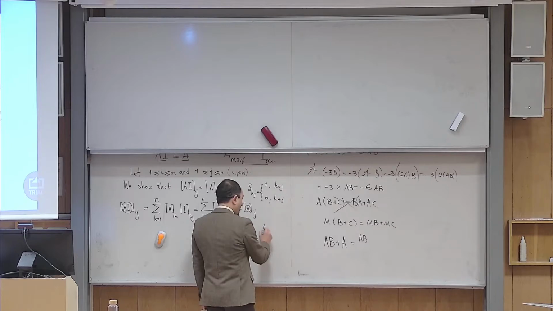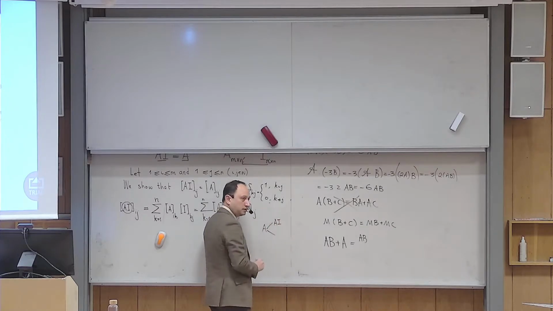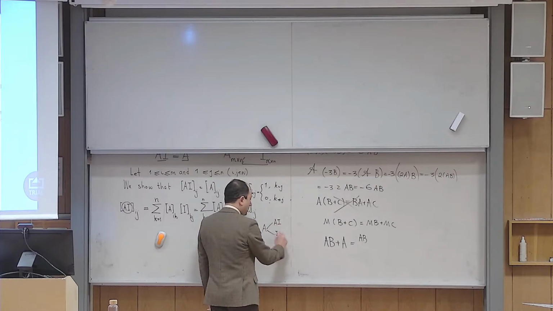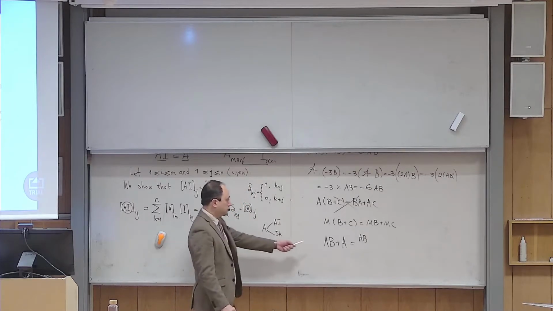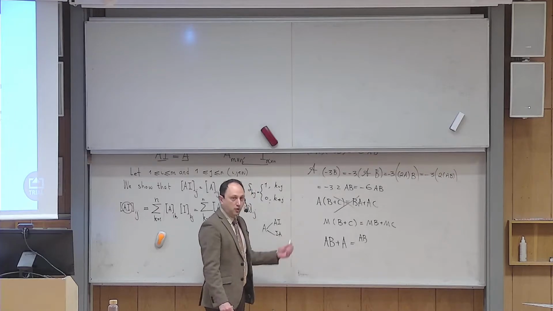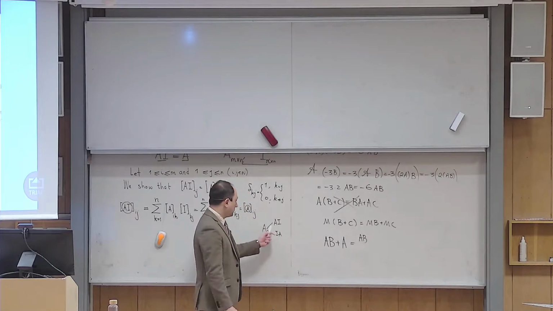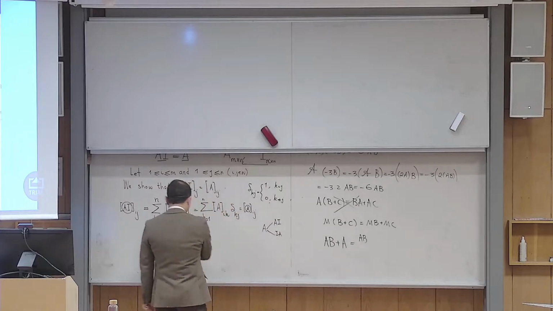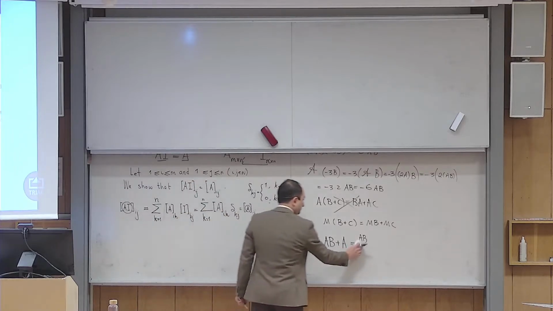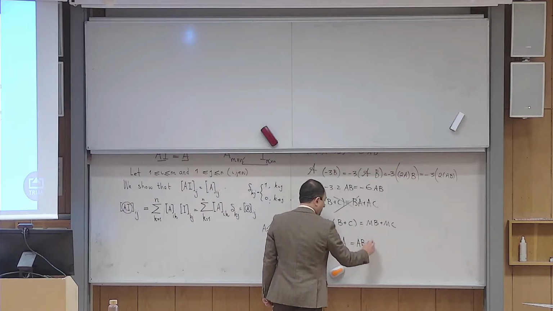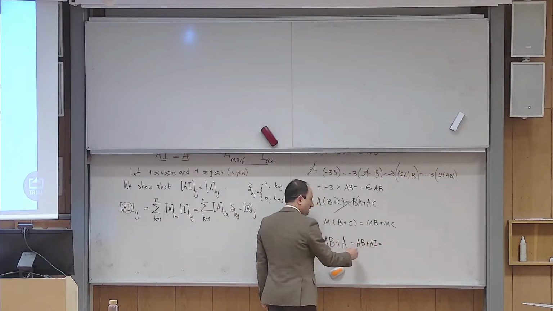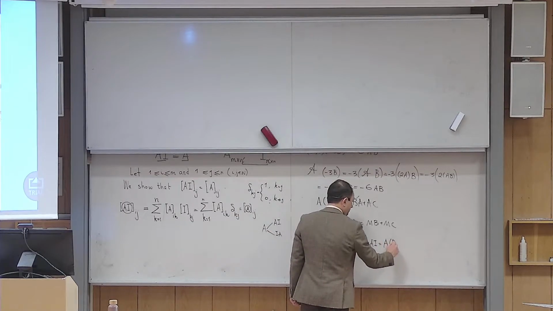So when I want to write A, because A is a square matrix, I can write it in two different ways. I can imagine it as A times I. I can also imagine it as I times A. Which one is more suitable here? First one. The first one, because this one, A lies on the left. I want to factor A out. So instead of this A, I write A times I. So this is important. So the first step, you write AB, and instead of A, you write AI, and then you see that I can factor A from the left.